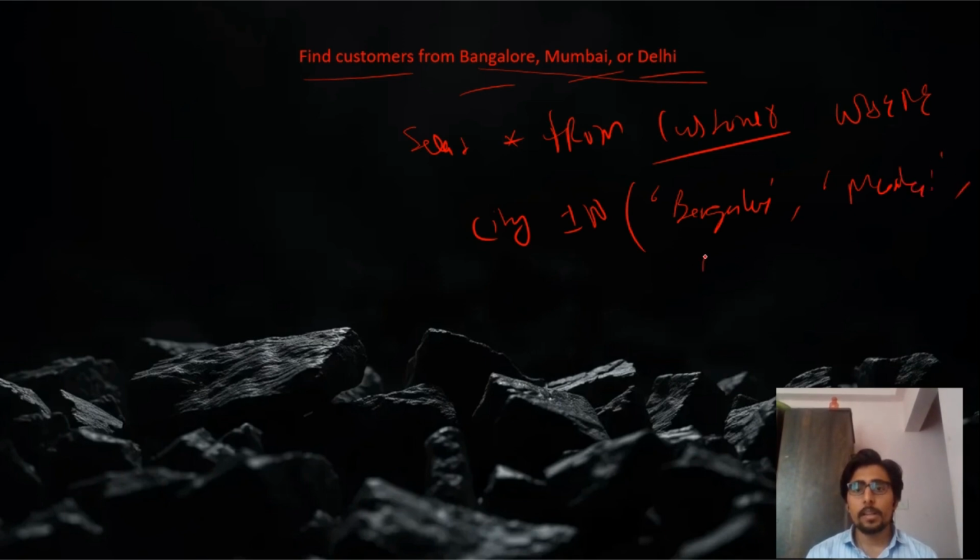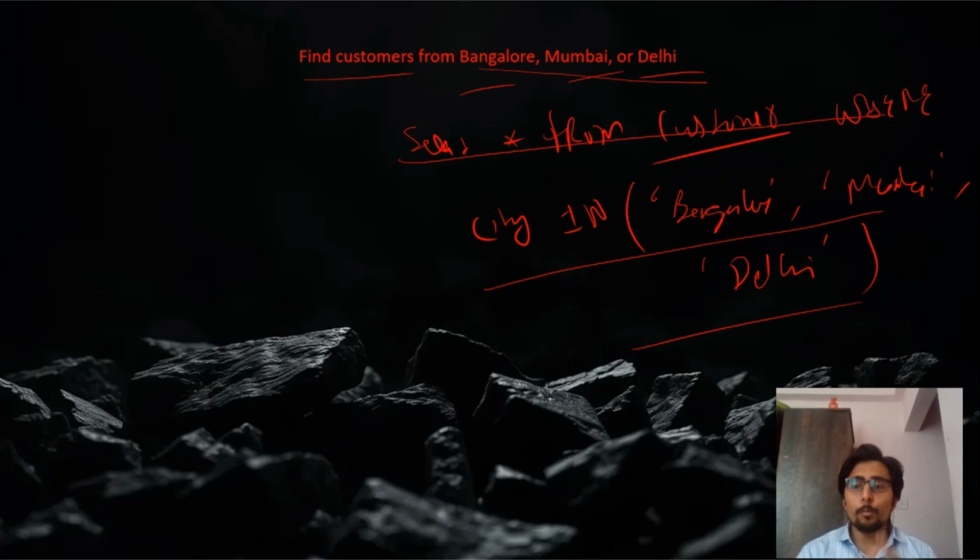Bangalore, Mumbai and Delhi, right? So what it will give, it will select all the customer data whose city is either of Bangalore, Mumbai, or Delhi. So if your city is Mumbai, Bangalore, Delhi, your data would be fetched from the database. So this is how the IN data filter works.